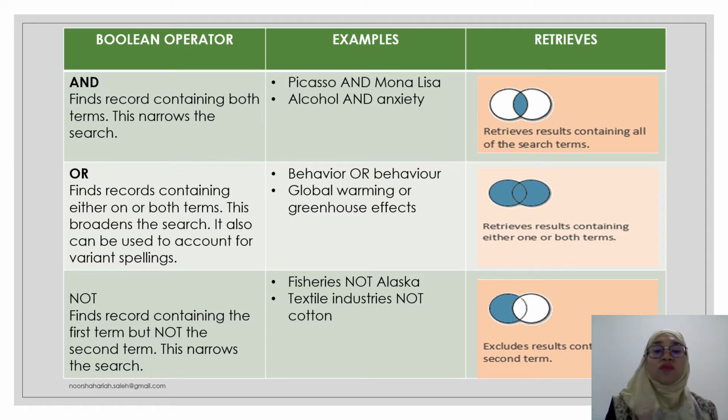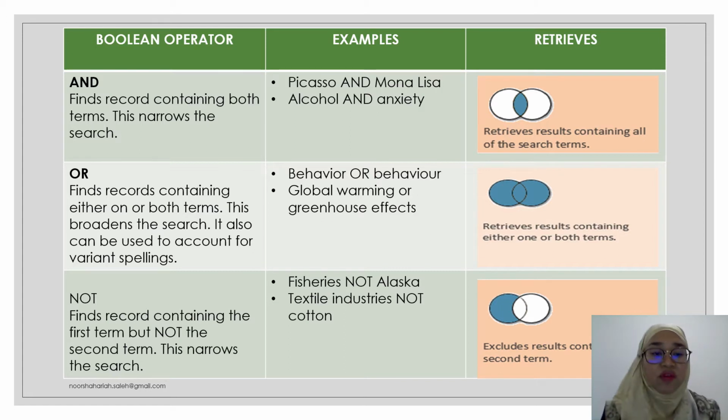Even if one of these two terms is missing, you still can get the articles related. It's either global warming or greenhouse effect. So if you look at the description, if it's in behavior or behavior, the VIOR, all of them are still going to be projected or shown to you.